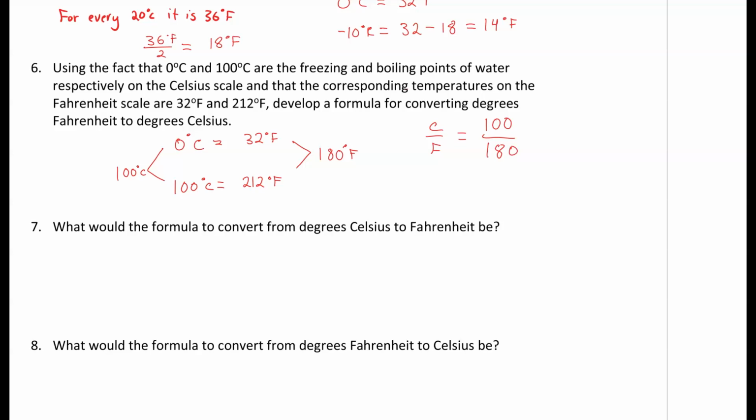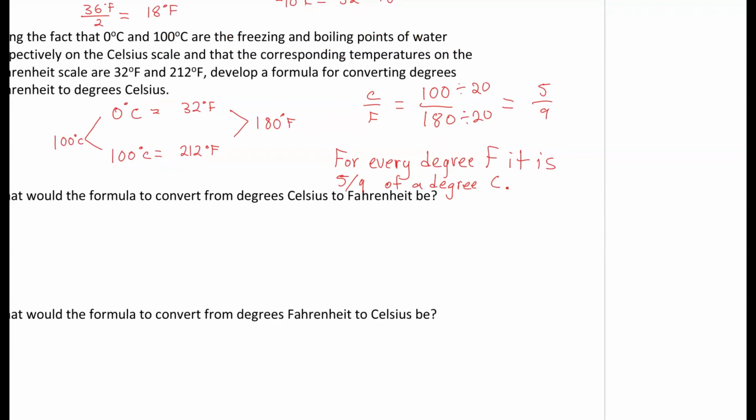Now, if we wanted to reduce this, we could divide the top by 20 and divide the bottom by 20, which would show us that we'd get 5/9. So 5 over 9. What that means is for every degree Fahrenheit, it is 5/9 of a degree of Celsius.